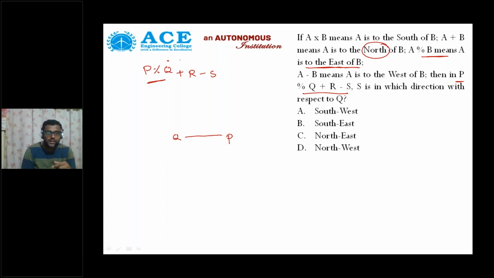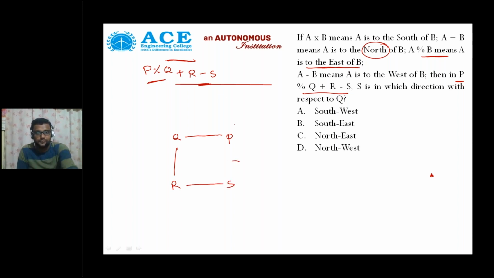Q is north of R. Always you should consider the center. For R, the north side is Q. So Q is above R. North means above. Then R minus S: what is the minus? West. R is west of S.